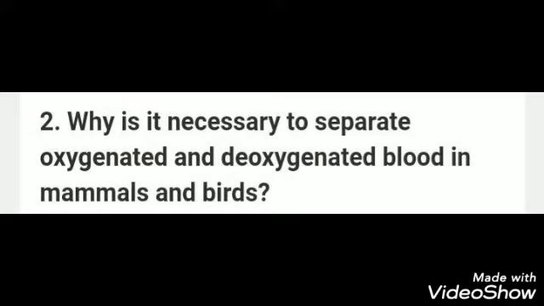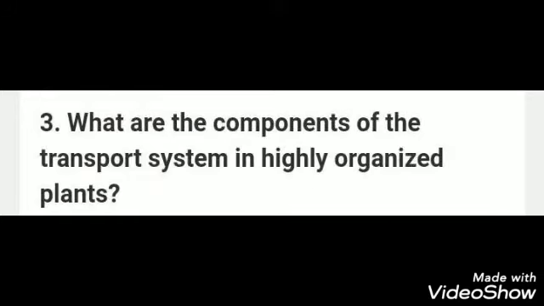This process requires a lot of oxygen for more cellular respiration, so that the warm-blooded animals produce more energy to balance their body temperature. So it is very important for these animals to separate oxygenated and deoxygenated blood to keep their circulatory system efficient.